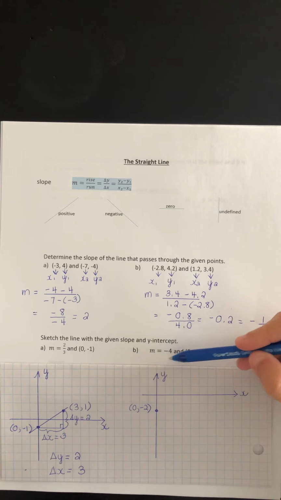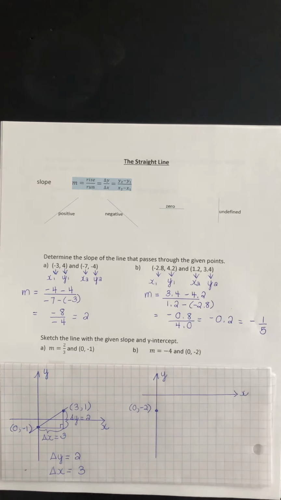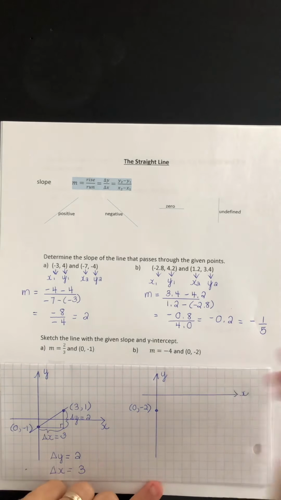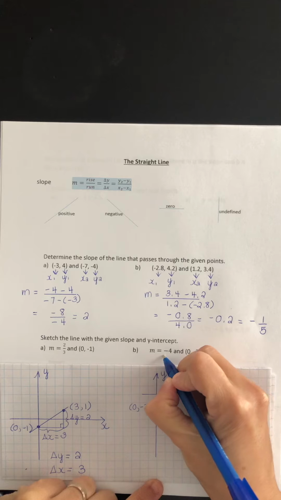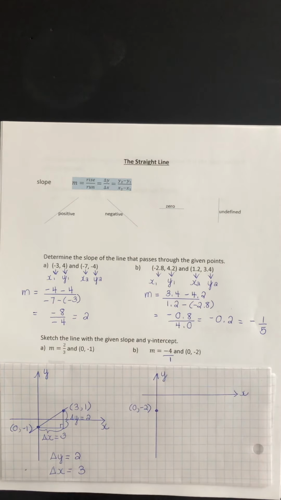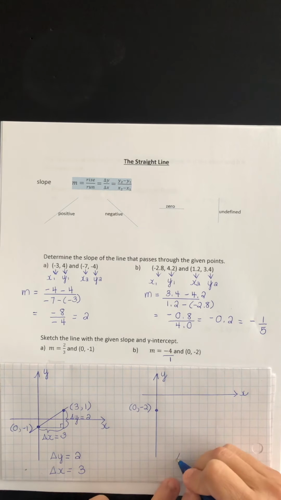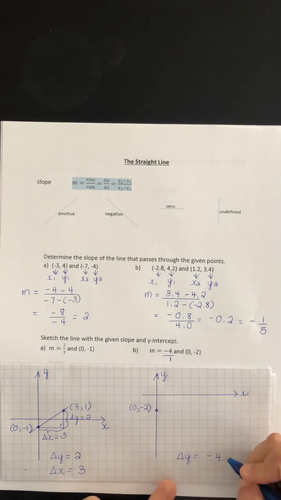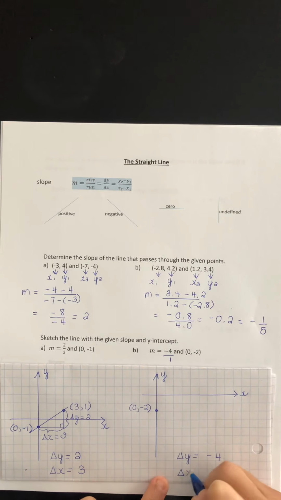Okay, now the slope is -4. So from this, I should be able to obtain information about the rise and also the run. So I need to remember that -4 is the same as -4/1. So now that means the rise is -4 and the run is +1.